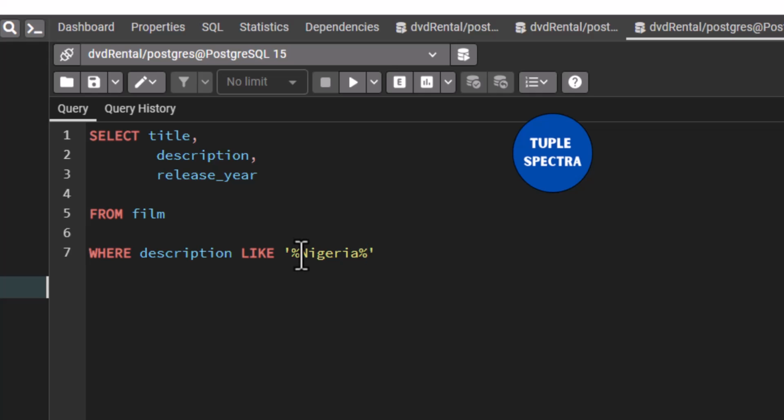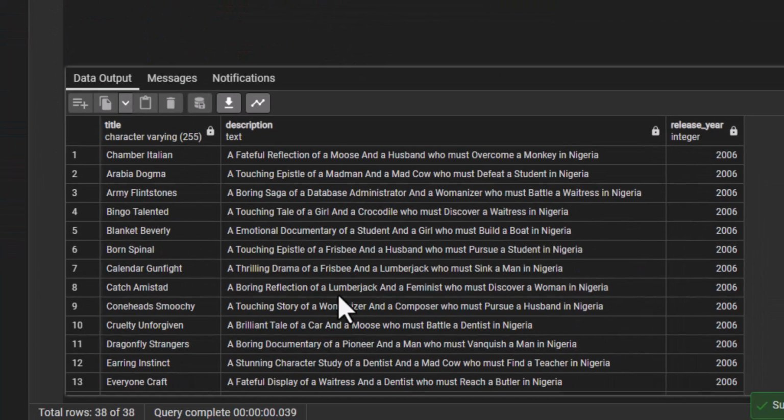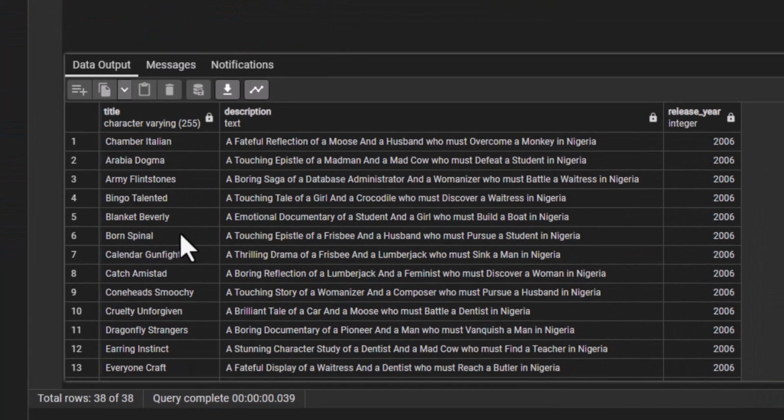This means that I want rows where the description has Nigeria, with one or more characters before Nigeria or one or more characters after Nigeria. If we run this, you can see now that we have 38 rows.